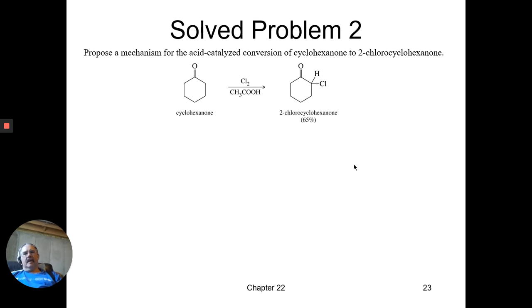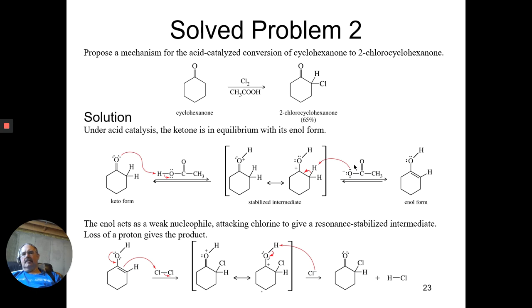Okay, so let's look at the mechanism for alpha substitution on cyclohexanone under acidic conditions. First we have formation of the enol. The oxygen undergoes protonation. We have our stabilized intermediate. The acetate ion removes an alpha hydrogen.